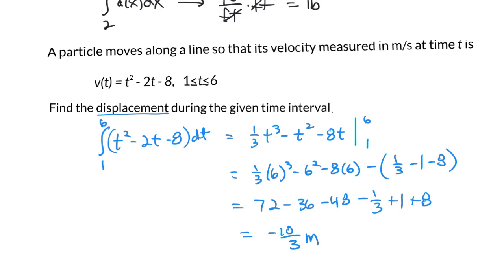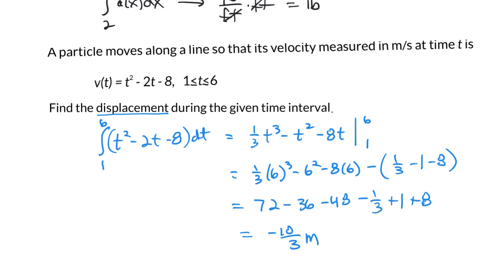The negative means that if we think of our starting point as the origin and going to the right as positive, we're to the left of the origin. So we went in the negative direction, and the amount of change in position was 10/3 meters.